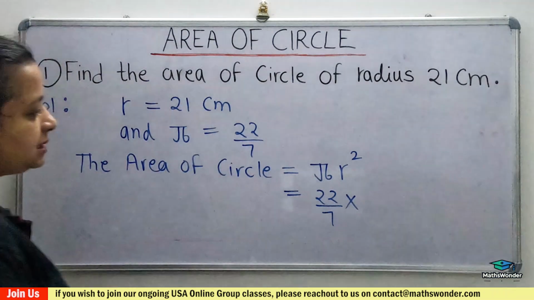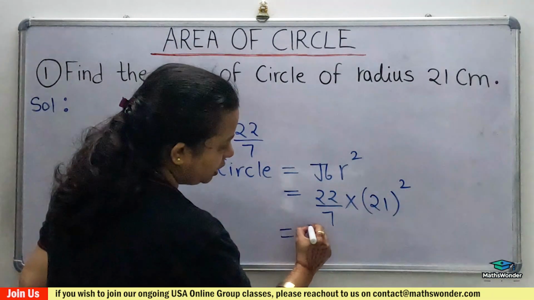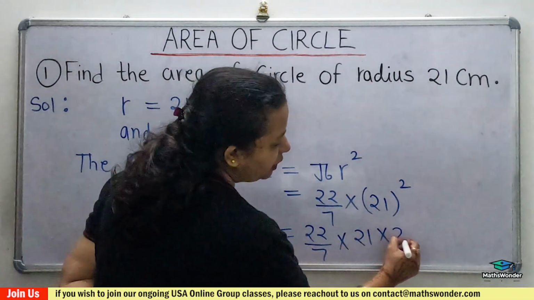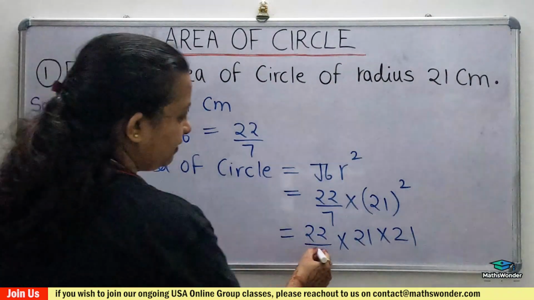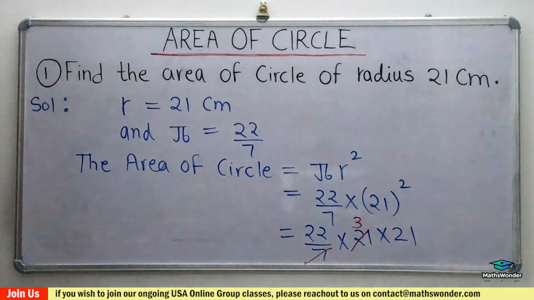R square means 21 whole square. That means 22/7 times 21 times 21. Now reduce it and get the answer. So yes, 7 we can easily reduce with 21. 7 times 3 is 21.